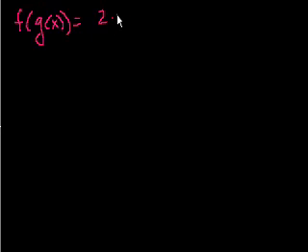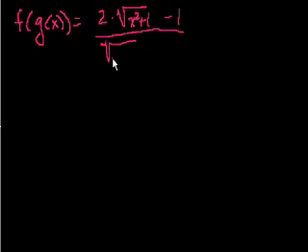So the problem's this. f of g of x, I hope I get this right, is equal to 2 times the square root of x squared plus 1, minus 1, all of that over the square root of x squared plus 1, plus 1.